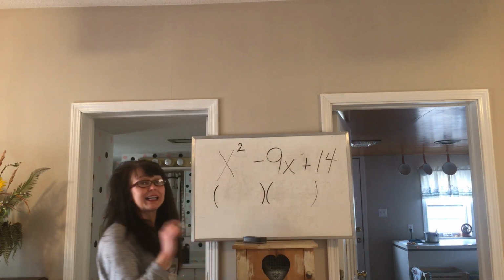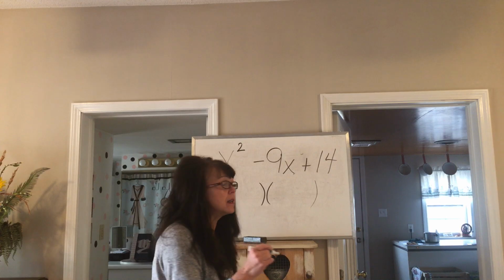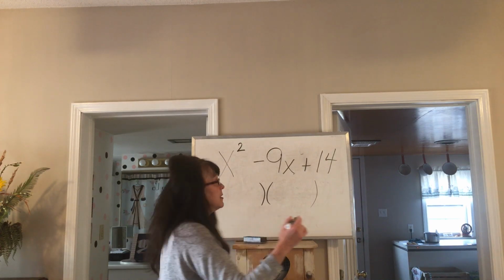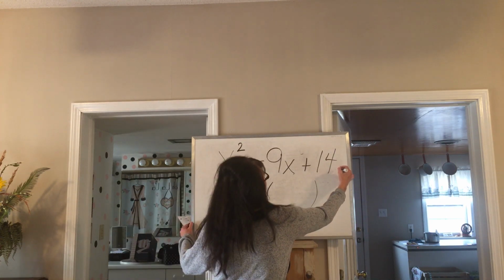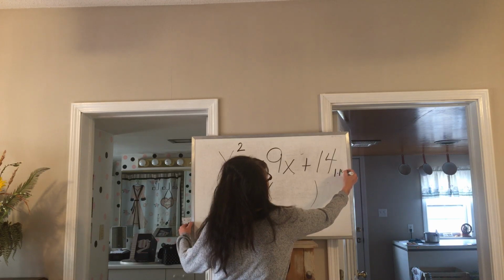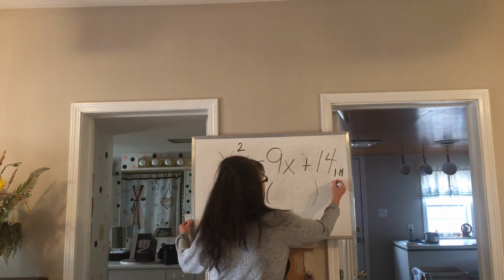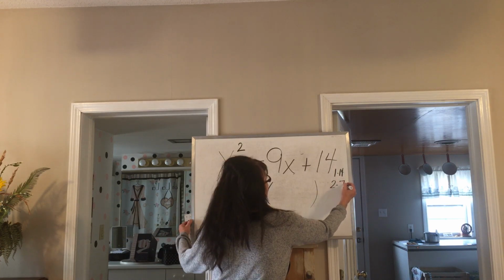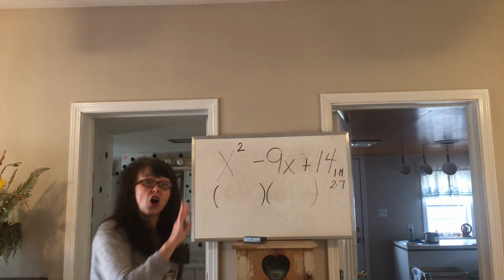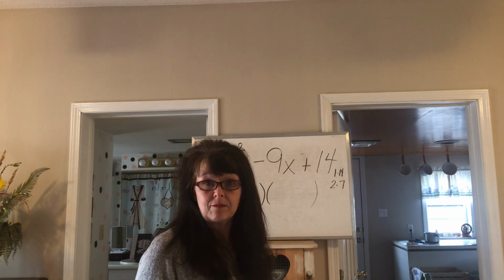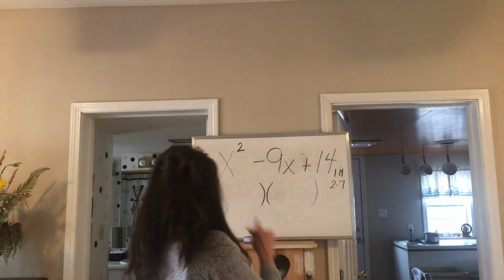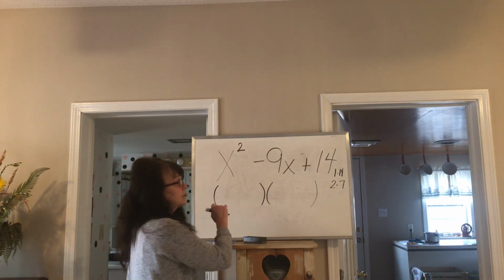I'm going to make my list for 14. So I'm going to start with 1, and I'm going to go 1 times 14. Then I'm going to go to 2. And then 2 times 7, and that's all the factors of 14. Now I'm ready to factor.